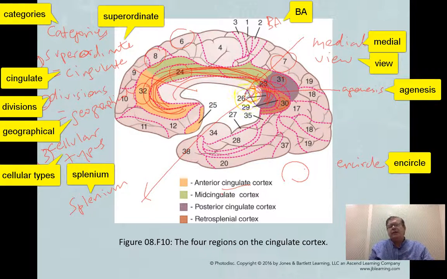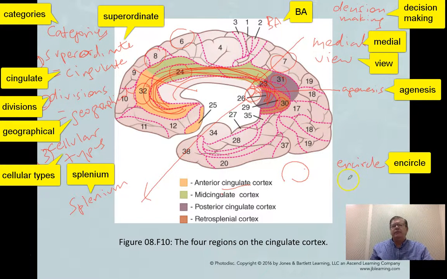It turns out that the cingulate is critical for all kinds of cognitive performance, particularly decision making. And when we do brain imaging studies, such as fMRI, we generally find that the cingulate shows some greater activation relative to other areas of the brain if a task involves some kind of decision.